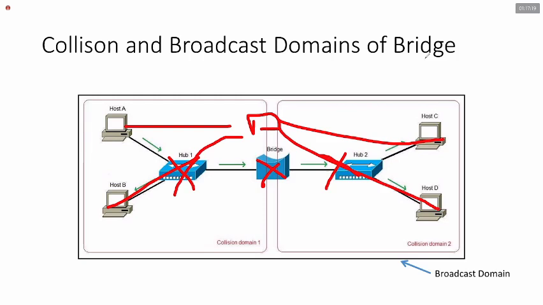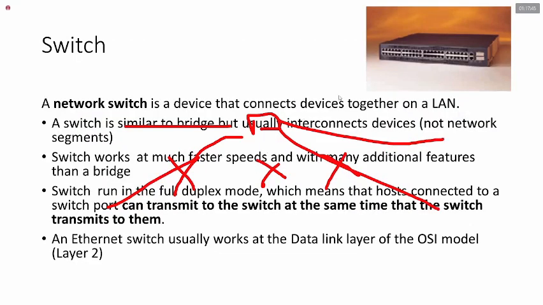That is why we still use hubs and bridges, for example in a small office where you have about 5-6 computers to connect. Without going for a switch, you can go for a hub, because although collisions happen, that will not be much of an issue. So we use hubs and bridges for small applications, and when you have larger or more advanced applications, then we go for a switch, right?